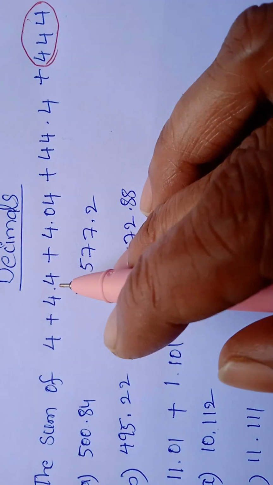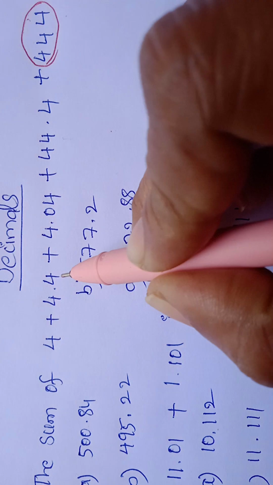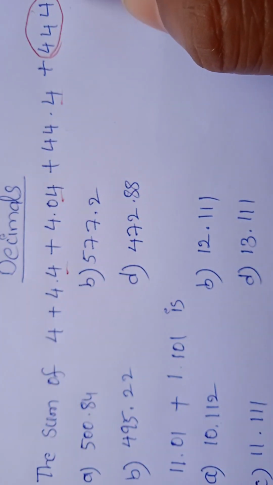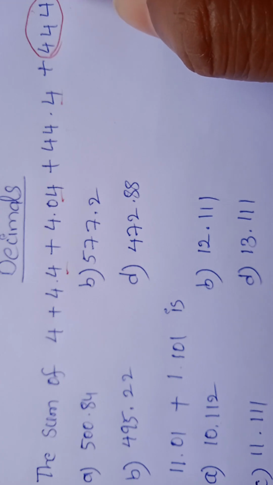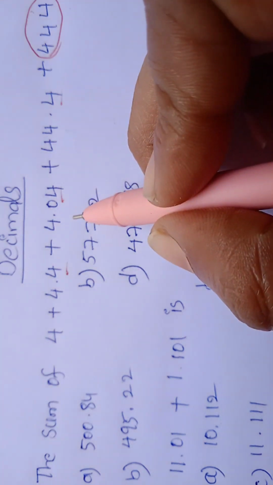So check after the point, how many numbers are there. Here only one number is there, here 2 numbers, here 1 number, here there is no number. So simply we can add 0.00.